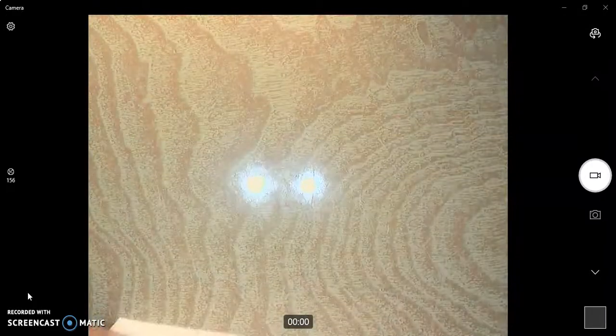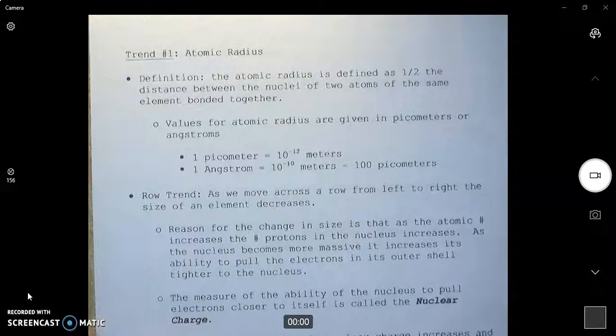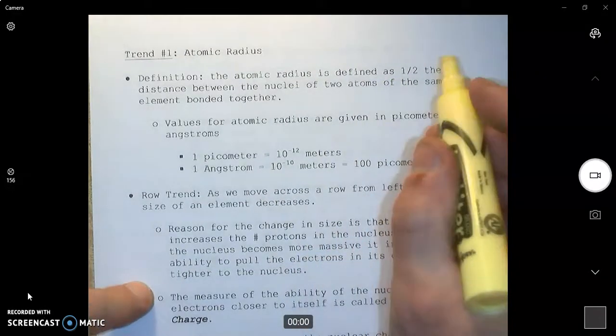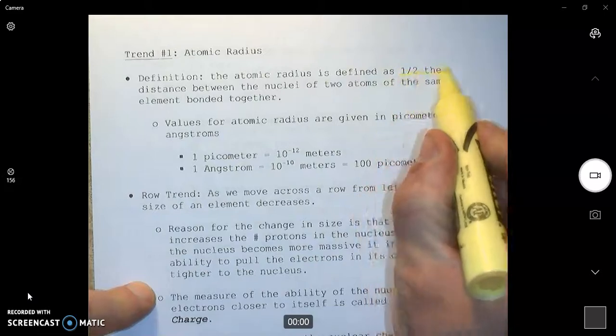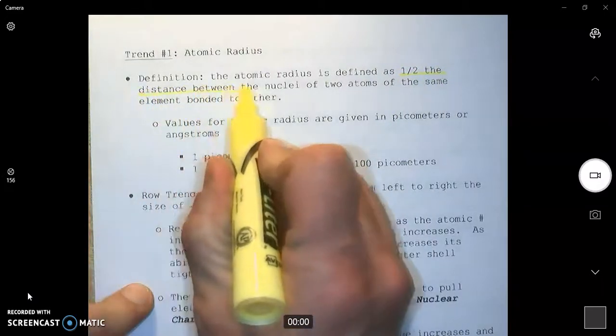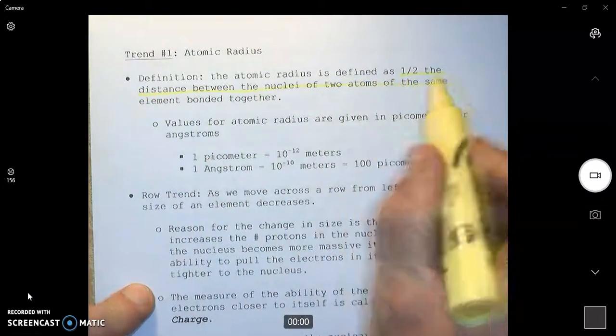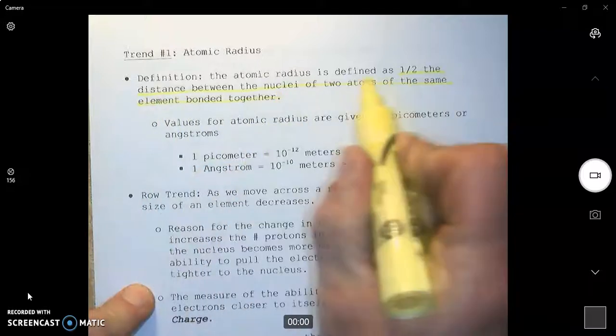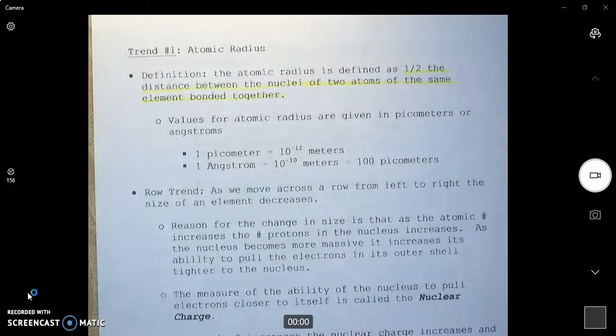if we look at atomic radius, the definition for atomic radius is half the distance between the nuclei of 2 atoms of the same element bonded together. The reason that we have to say that odd definition, we can't just say from the nucleus to the outside edge of the atom, is because there is no distinct or hard edge to the atom, right?